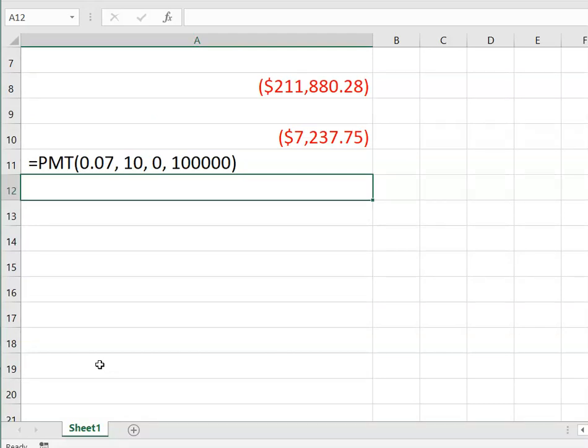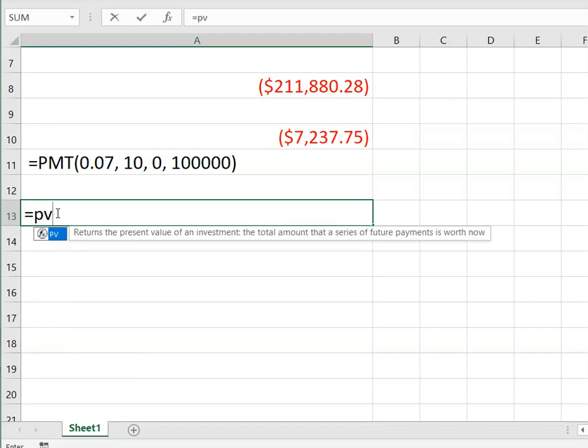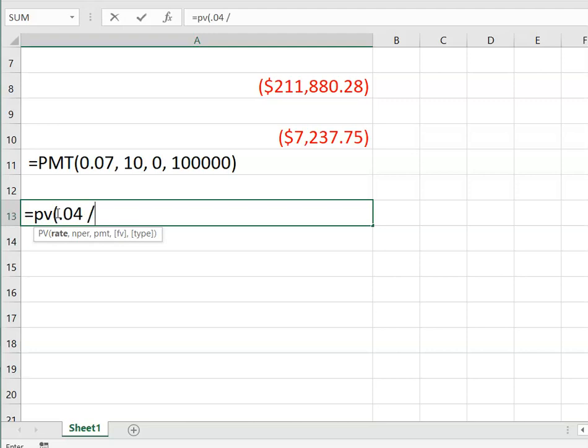Let's try working another one. Let's do a mortgage. What kind of mortgage can we afford? In other words, how big a mortgage could we get? So I want to get some money. So that would equal the present value of, and let's say our mortgage we can get at 4%. It's a 30-year, but we're going to do this mortgage in monthly payments. So now we'll divide it by 12.